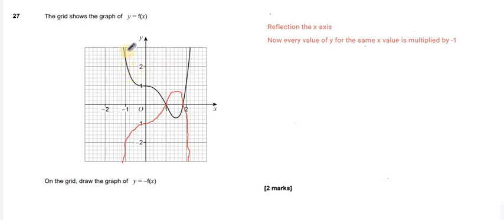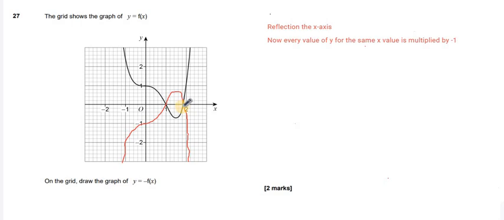So for example, here, where you have this value of x giving you 3, the same value of x would then give you minus 3. The value of x, which is 0, that gives you 1, would now give you minus 1. The y value here is 0, so it will just remain 0.